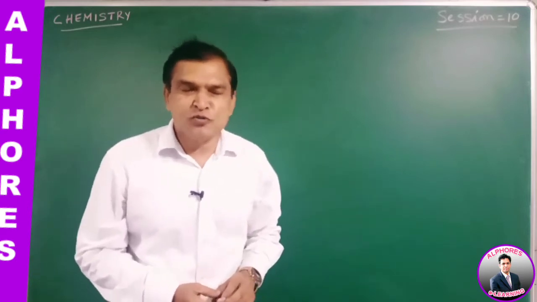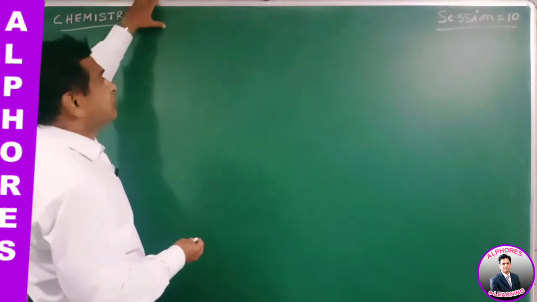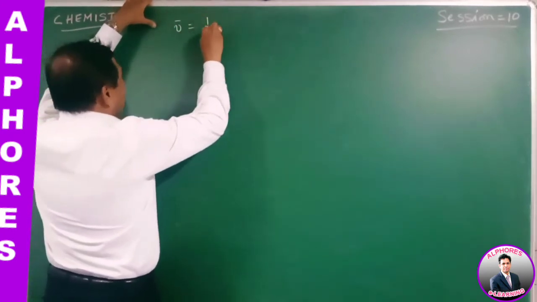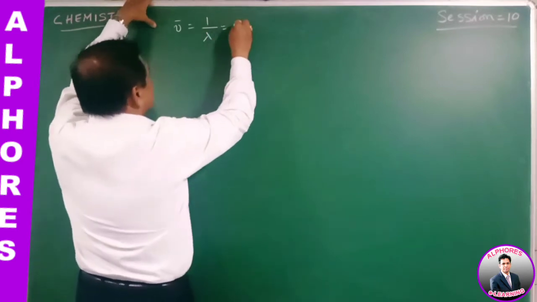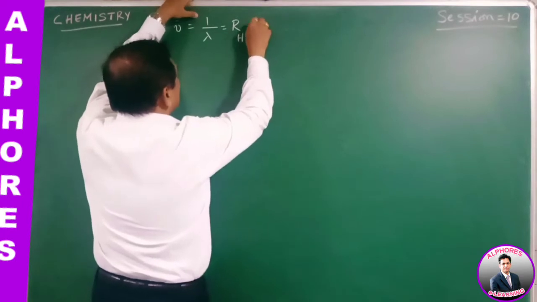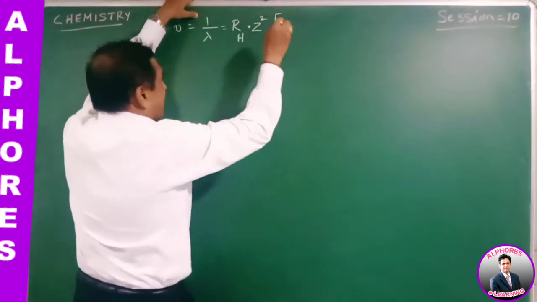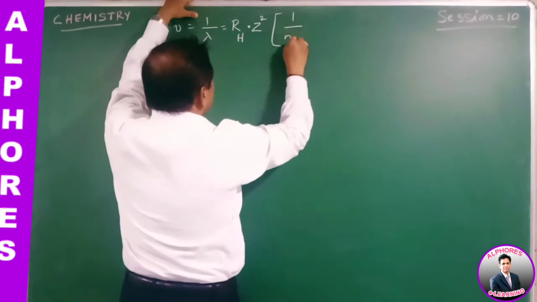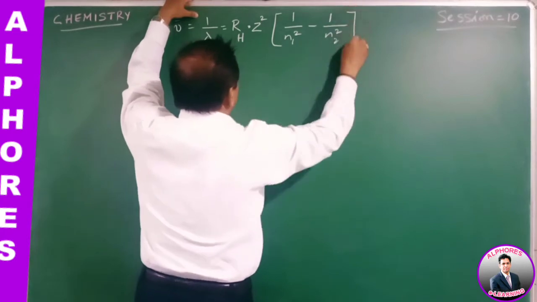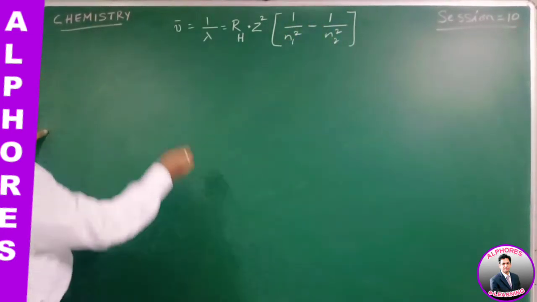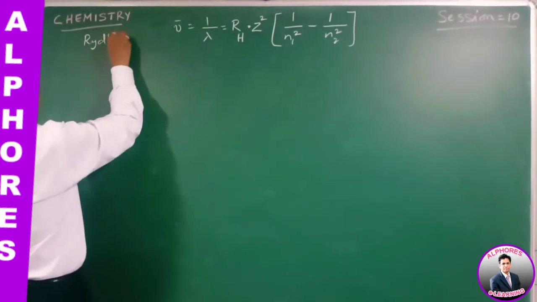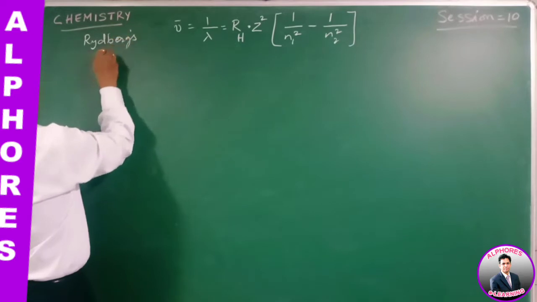We have done the formation of hydrogen spectra, and at the end we took the formula: nu bar is equal to 1 by lambda, which is equal to Rydberg's constant for hydrogen into Z square into 1 by N1 square minus 1 by N2 square. This is Rydberg's equation.